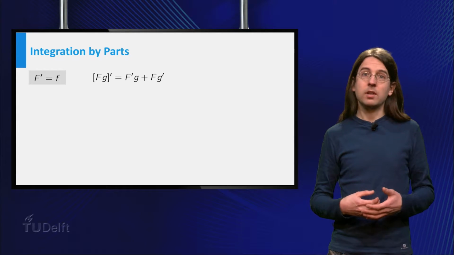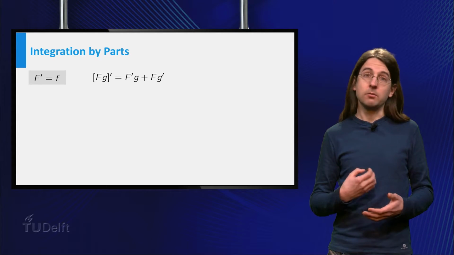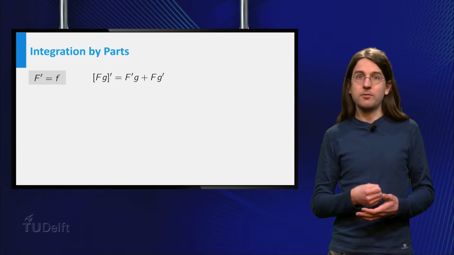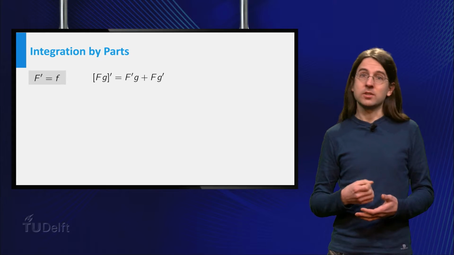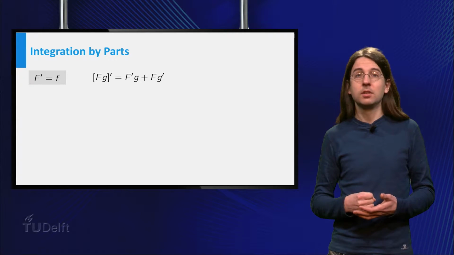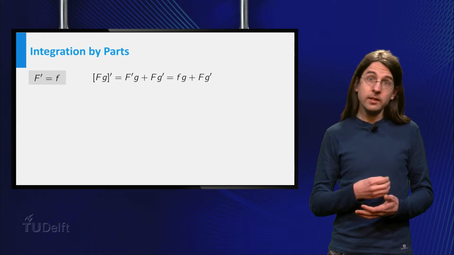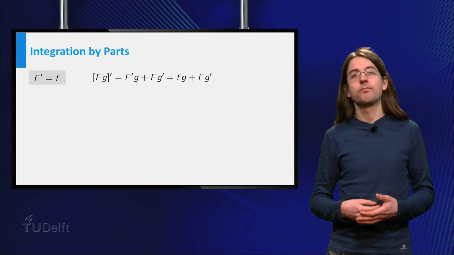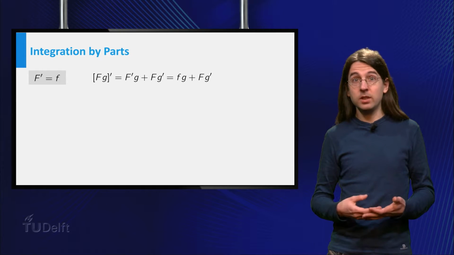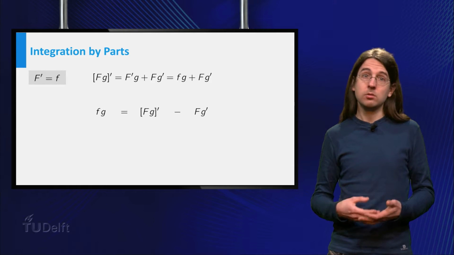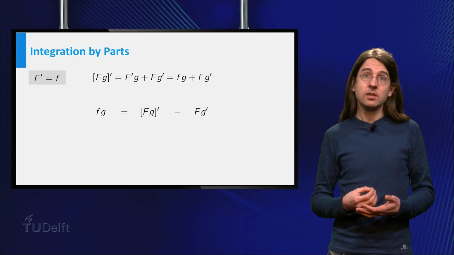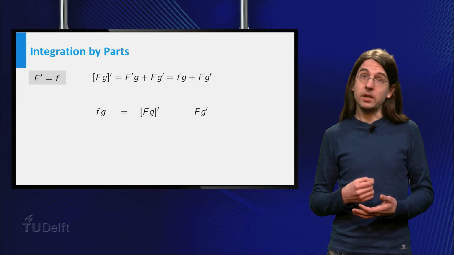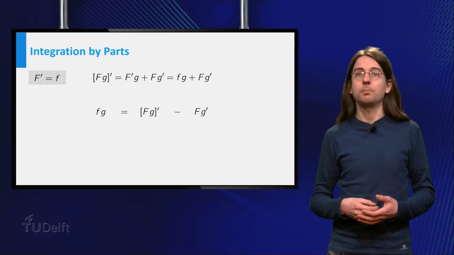We now write down the product rule as the derivative of capital F times g equals capital F prime times g plus capital F times g prime, which is little f times g plus capital F times g prime. We can rearrange this equation to little f times g equals the derivative of capital F times g minus capital F times g prime.